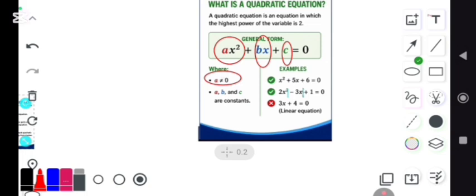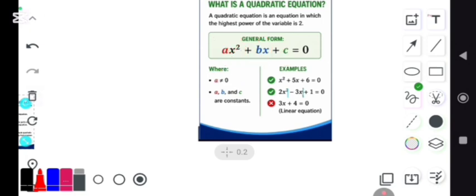If your A becomes 0, then x squared here is cancelled, and once it's cancelled, it won't be a quadratic equation again. It can still be a linear equation, but it won't be quadratic again. So for it to remain a quadratic equation, your A must not be equal to 0.